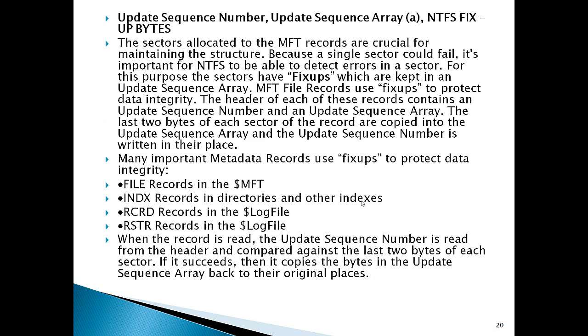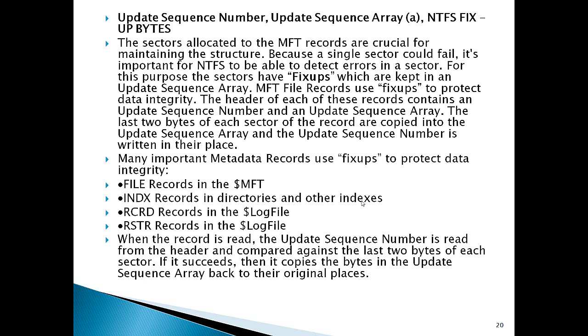Okay, so now let's talk about update sequence number, update sequence array, NTFS fix-up bytes. These sectors allocated to the MFT records are crucial for maintaining the structure. Because a single sector could fail, it's important for NTFS to be able to detect errors in the sector. For this purpose, the sectors have fix-ups, which are kept in an update sequence array.